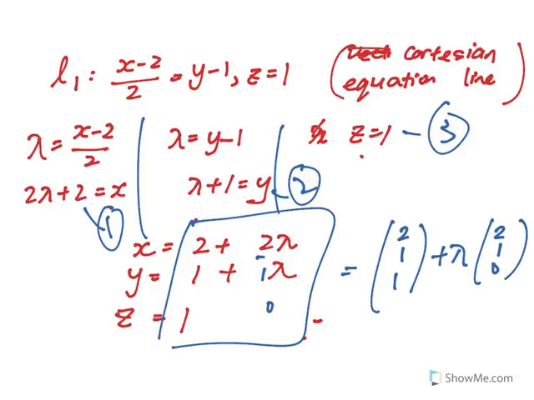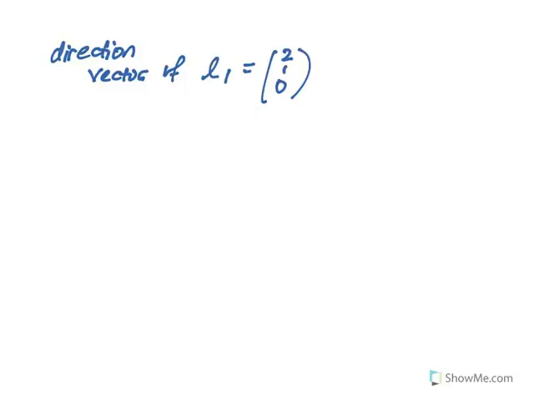Then very quickly you can see this is the direction vector of the line. So the direction vector of L1 is actually 2, 1, 0. The normal vector of P is actually 1, negative 2, 3.